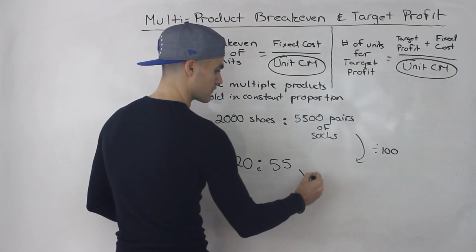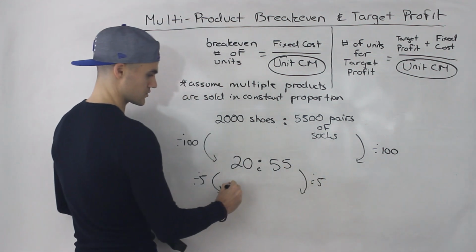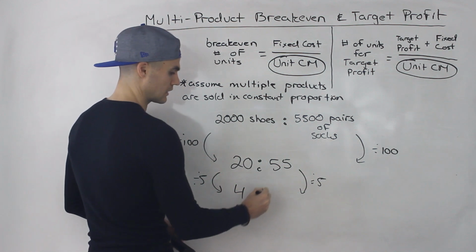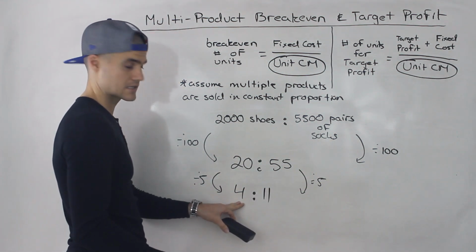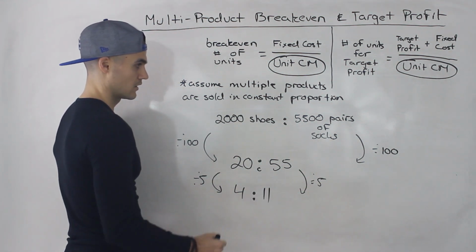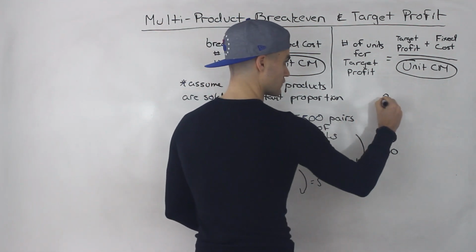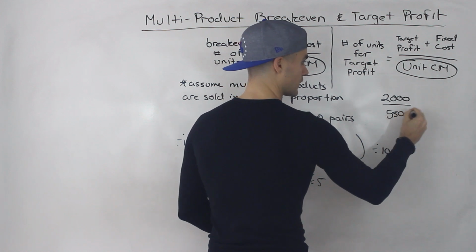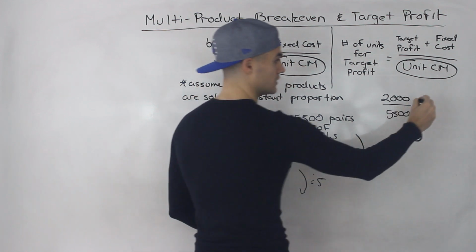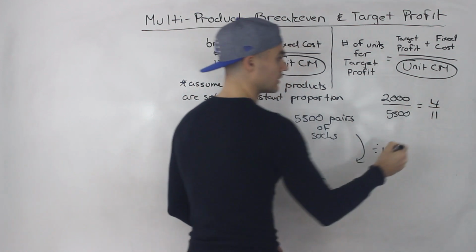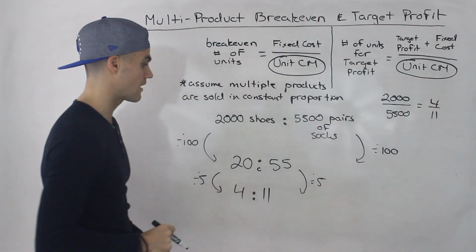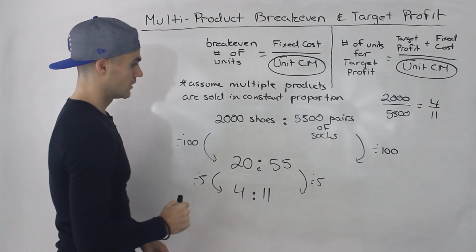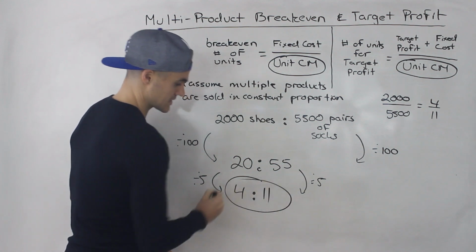So this would be 4 to 11. And then notice this can't simplify any further. Right? So it's like simplifying a fraction. So if I gave you 2,000 over 5,500, told you to get a simplified fraction, it would be 4 over 11. Some calculators will do that for you right away. Right? So this is the sales mix that we'd be using.